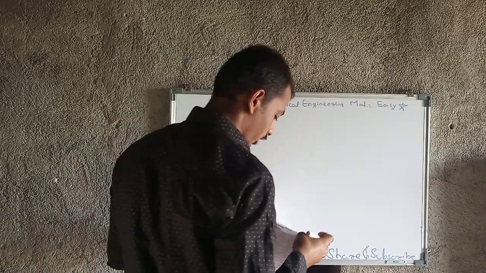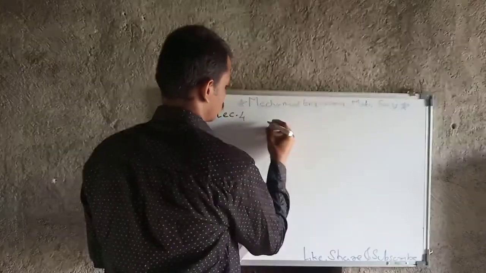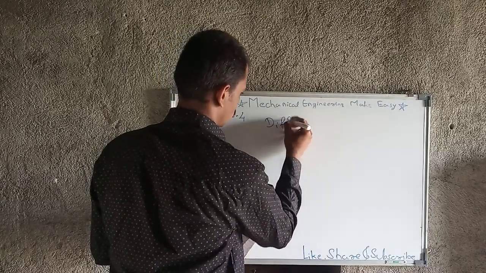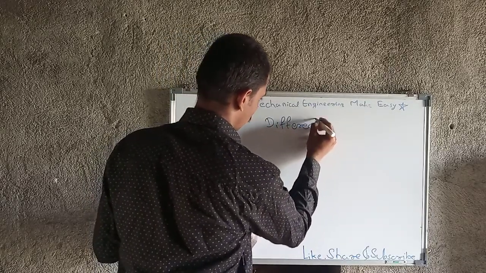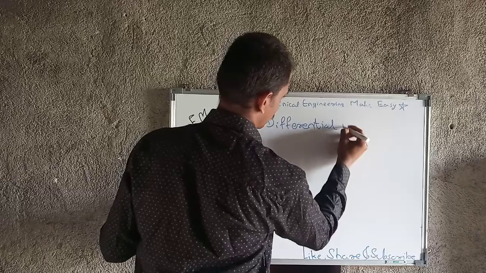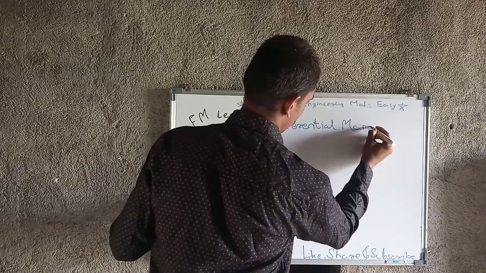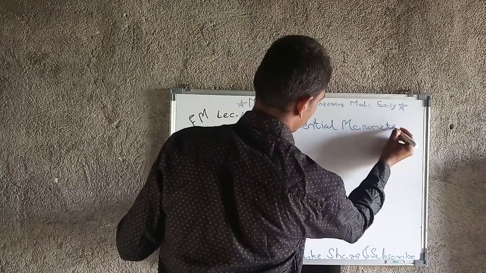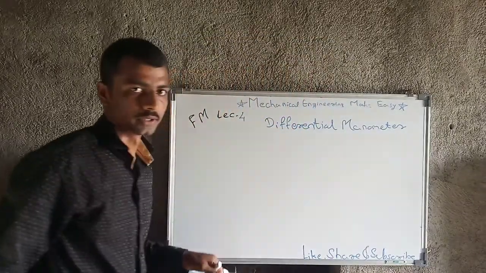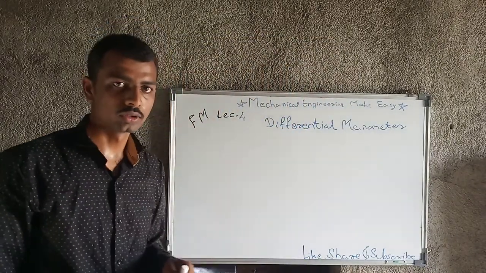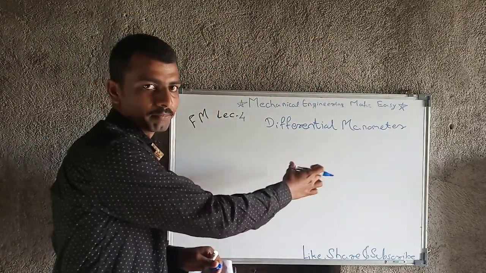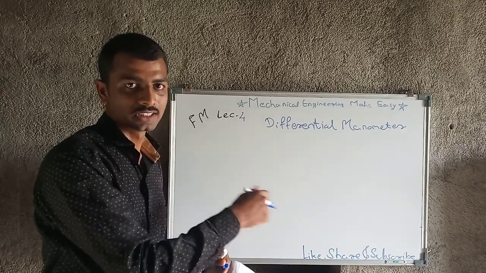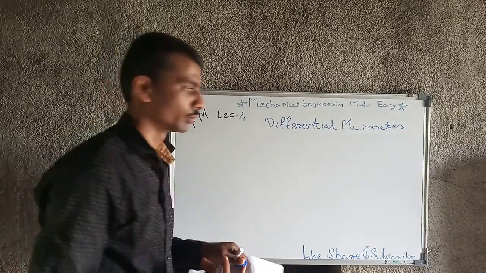Then the differential manometer. In this case also the same thing will happen. Pipe A and pipe B will be there, and we are going to measure the pressure difference accordingly.